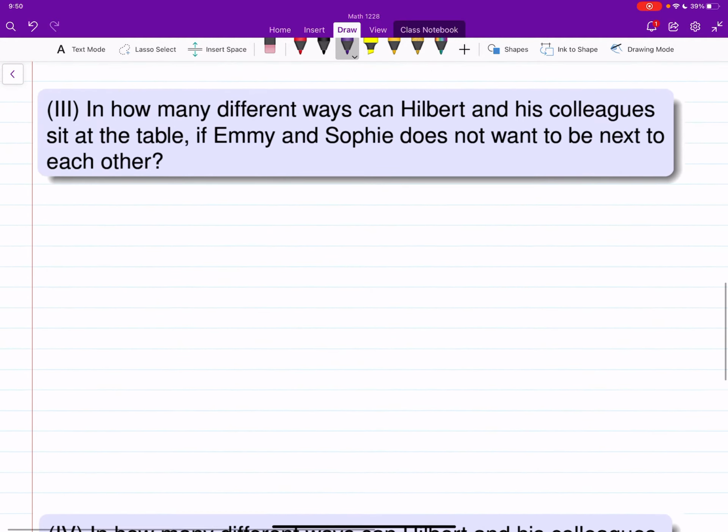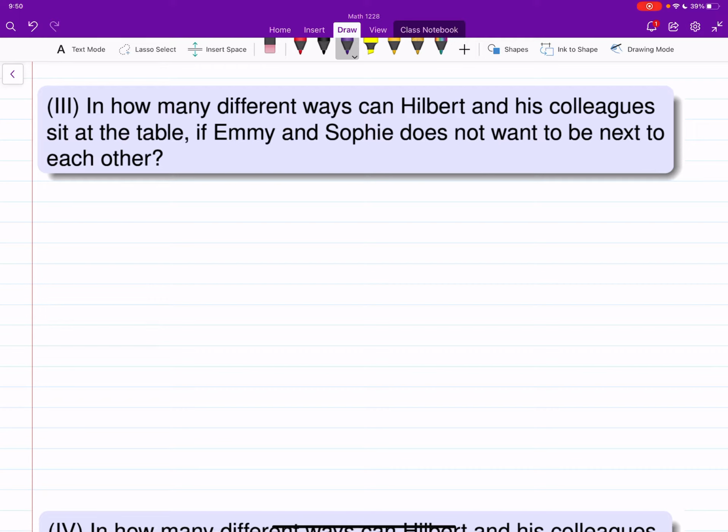Okay, let's see, in how many different ways can Hilbert and his colleagues sit if Emmy and Sophie do not want to be next to each other? Okay, so here you see in the previous example we put them together next to each other, but now we want to exclude that, so we need to use the complement trick. How does it work?